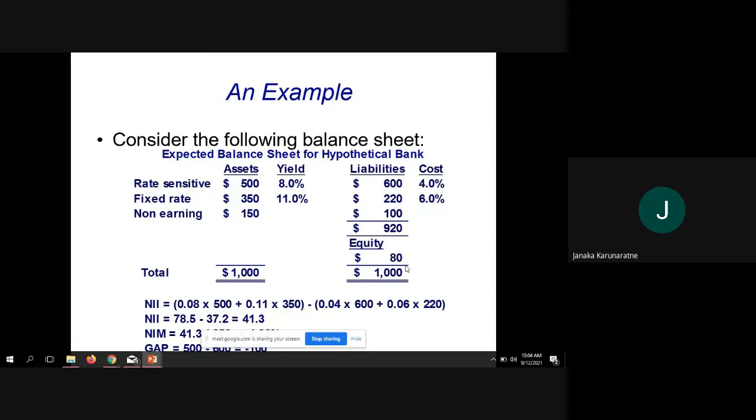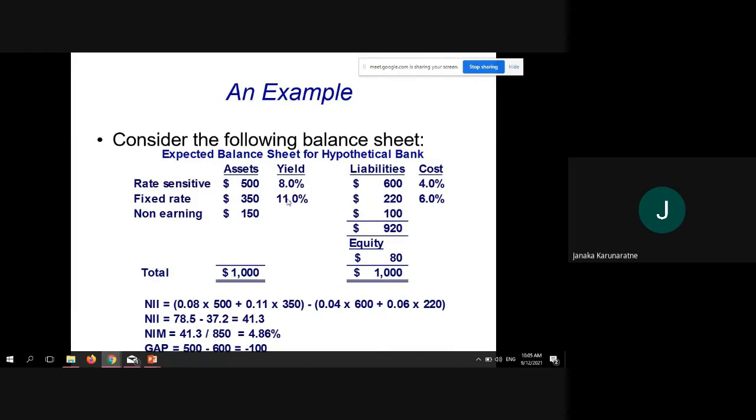Okay. Now, let's do a very simple calculation. Don't worry about complex gap calculation. Let me show you. What is the net interest income of this particular bank? Can someone calculate? Very simple, annual income. The bank would get 8% from this 500.